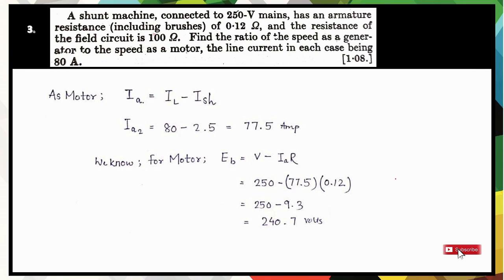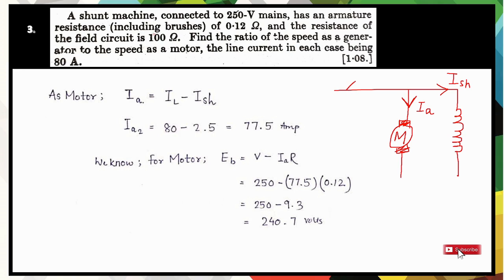Similarly, we can calculate for the motor. If this is the motor, we know that motor consumes electric power, or it takes the current. So we take it as IA and the direction is towards the motor, and the shunt field current ISH is towards this, and the load current is in this direction.